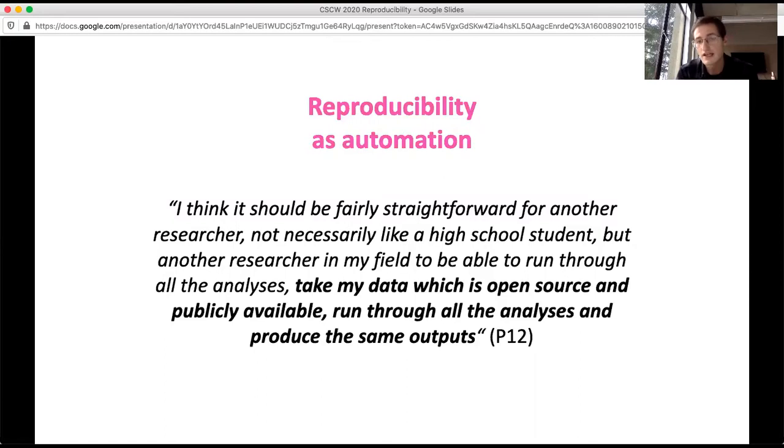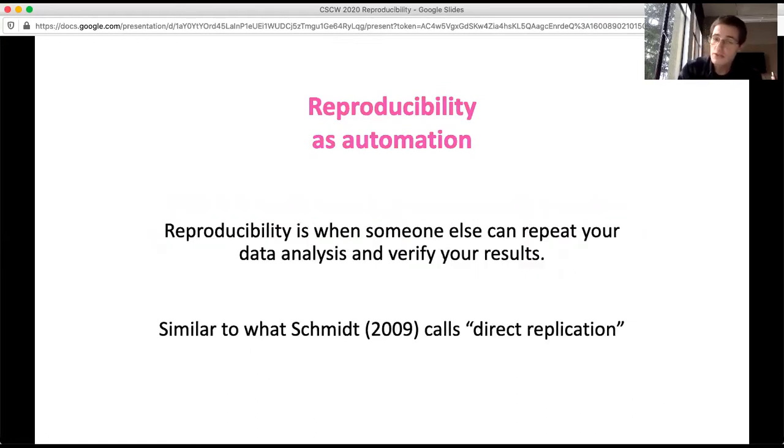So he's saying that another researcher should be able to take my data, which is open source and publicly available, run through all the analyses and produce the same outputs, right? And so this very much reflects a notion of reproducibility that's been discussed in the literature as direct replication. And it's really running the exact same analysis under the same circumstances and verifying that a result has come out at the end, right?